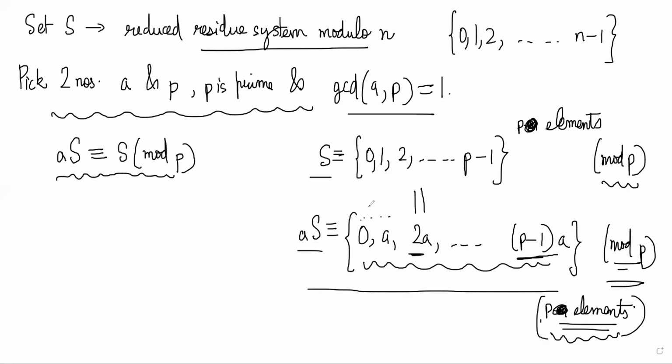But can we show that none of them are identical? That is assured because they are different multiples, right?